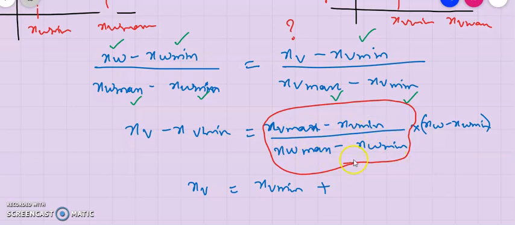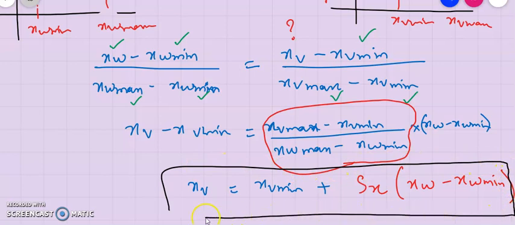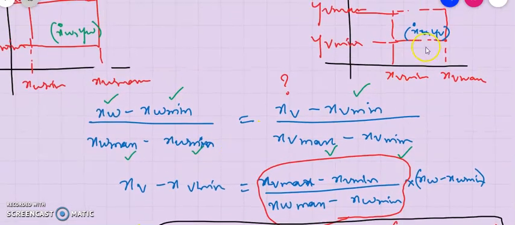So when I take this whole equation, I write it as Sx into XW minus XW minimum, right? So this becomes my equation for XV. XV is equal to XV minimum, because this is the offset that I need to add whenever I have to put my point onto the viewport.